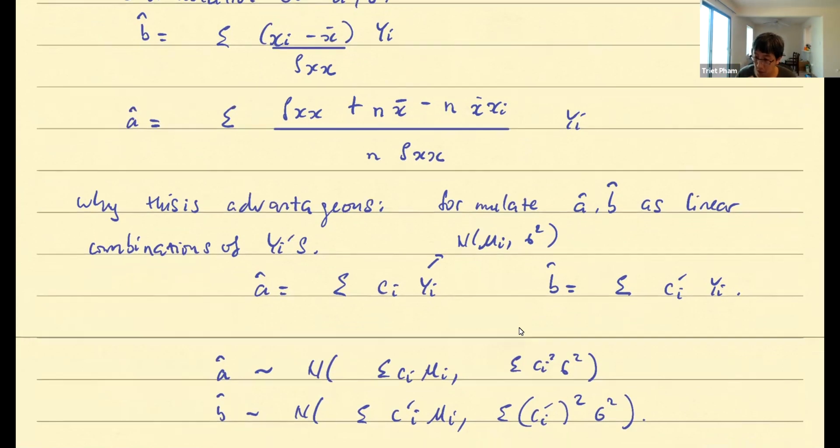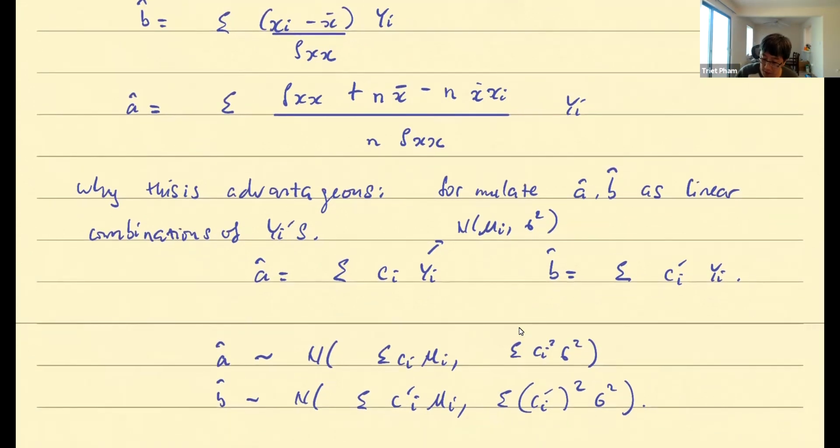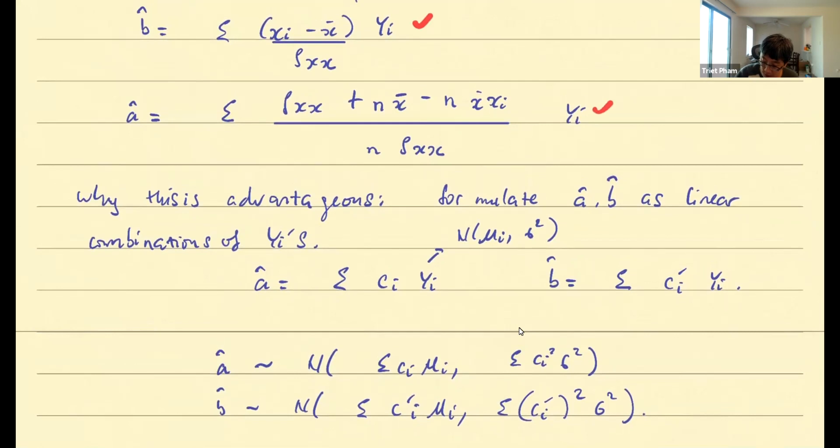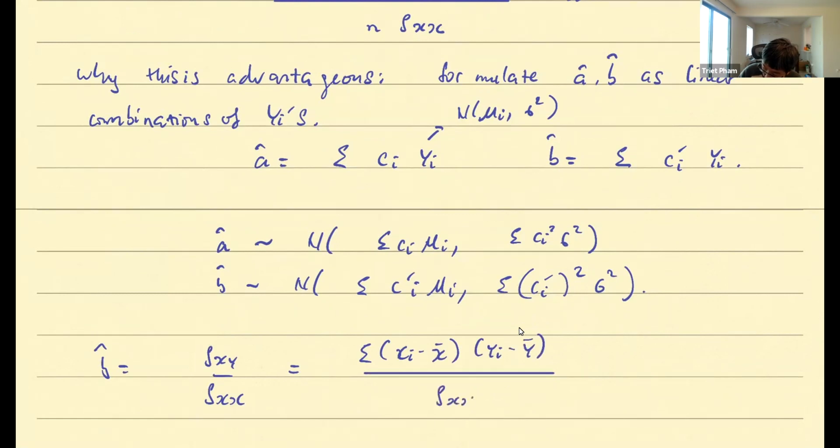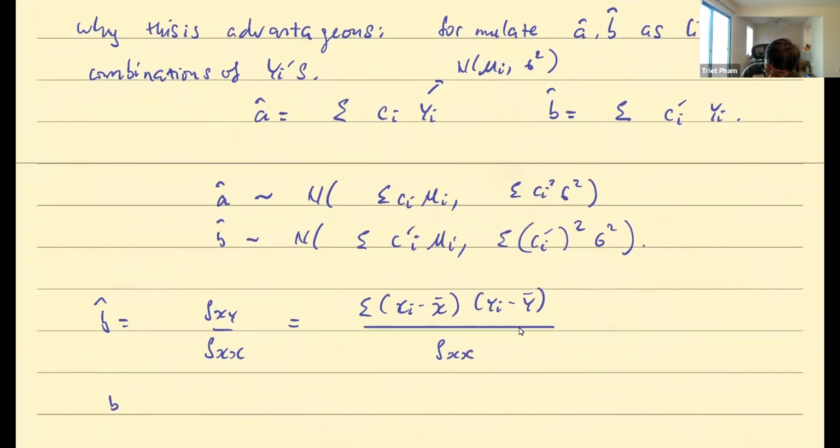Okay, so why is this true, for example? You may want to ask. So before, I have B hat being SXY over SXX, which is the sum of xi minus x bar, yi minus y bar, divided by SXX. Now you tell me that B hat is just this.